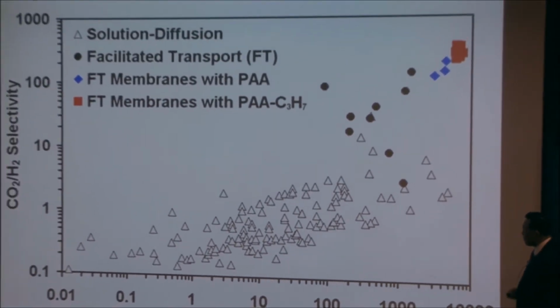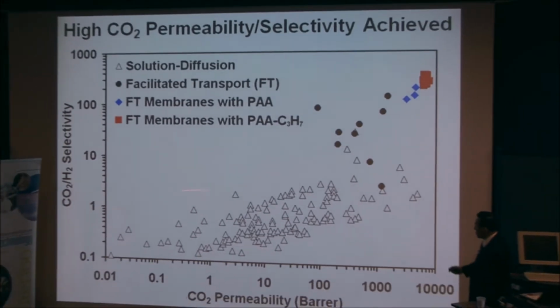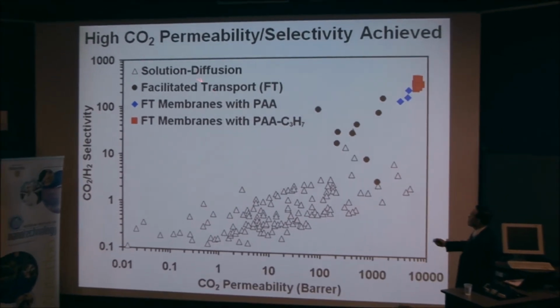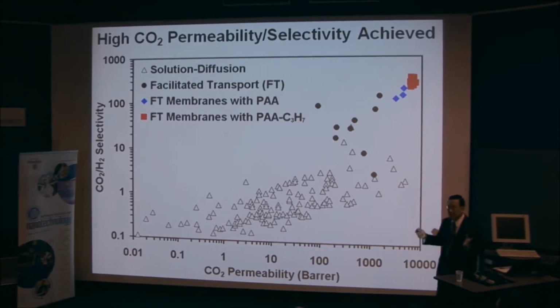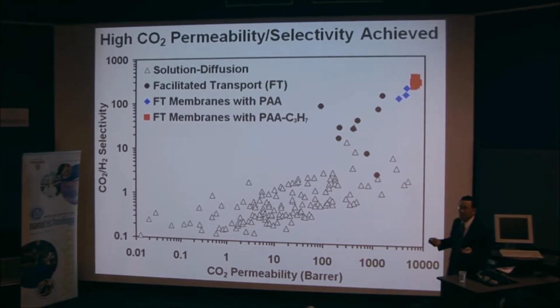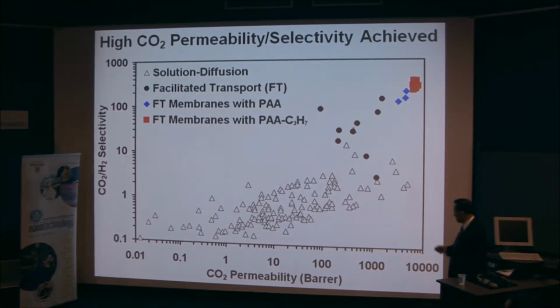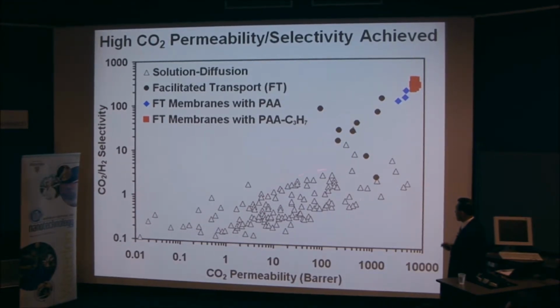Here I have the same plot, but including some data for membranes based on a solution diffusion mechanism without any chemical reaction, so without the amino group in the membrane. Those are data surveyed by the DOE, Department of Energy, the NETL, National Energy Technology Laboratory.